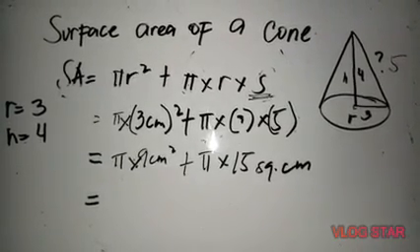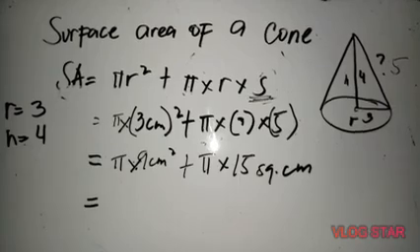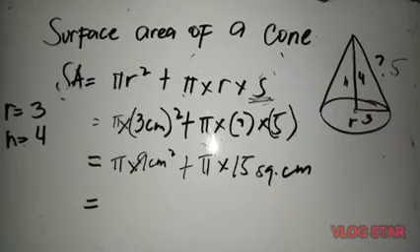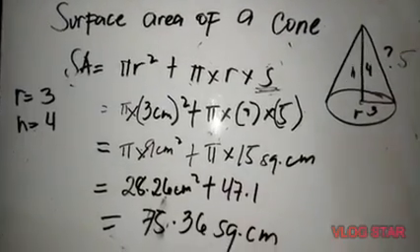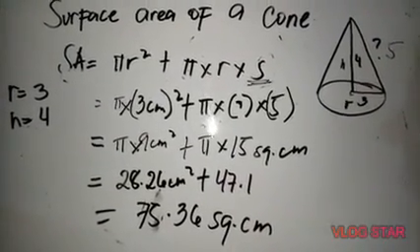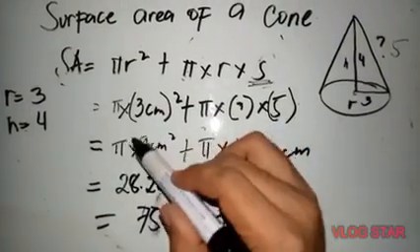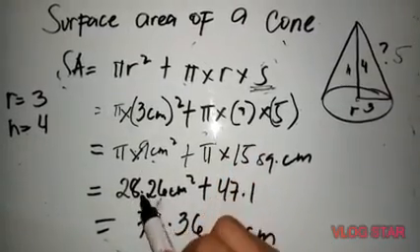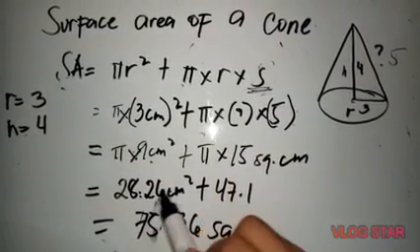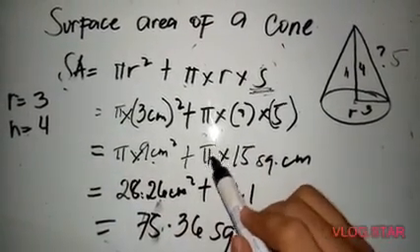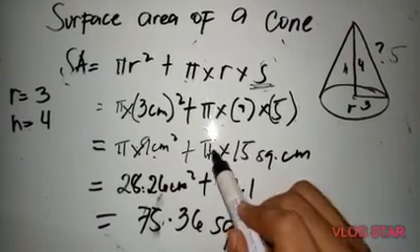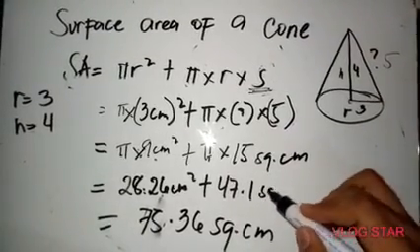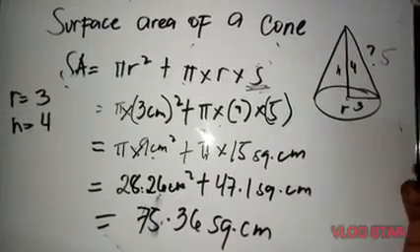So let's solve this one. Since we're done with the digits, it's time to multiply pi. 3.14 times 9, the answer is 28.26 square centimeter. Pi times 15, 3.14 times 15, the answer is 47.1 square centimeter.